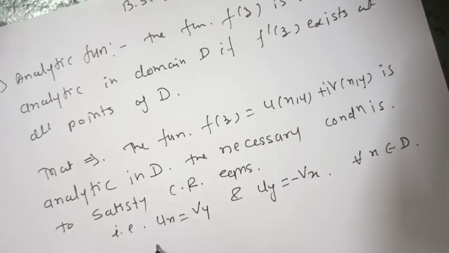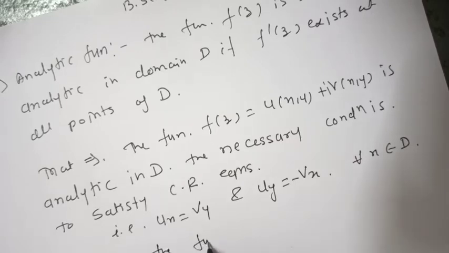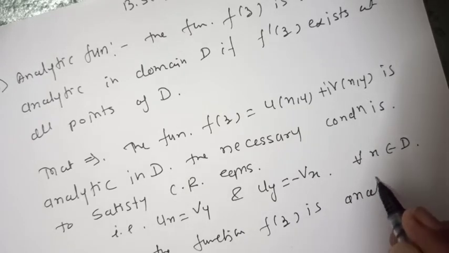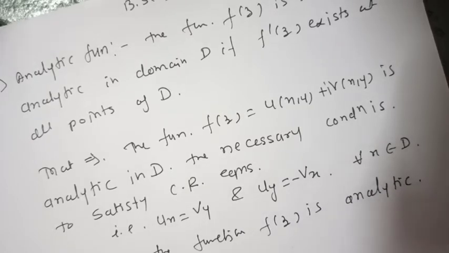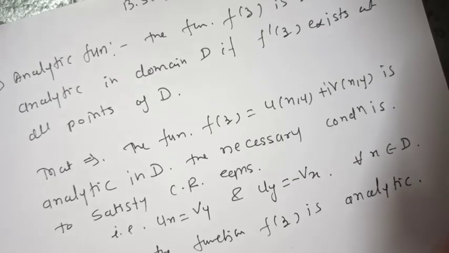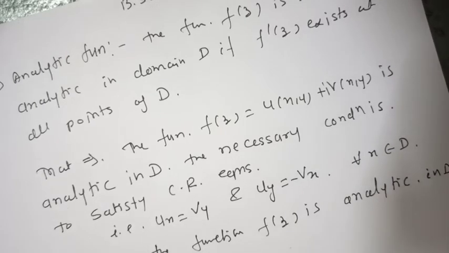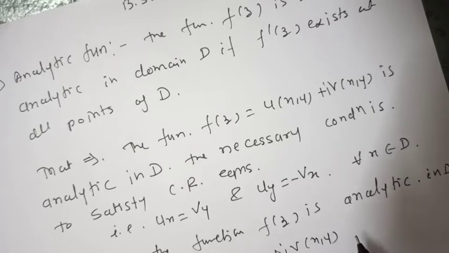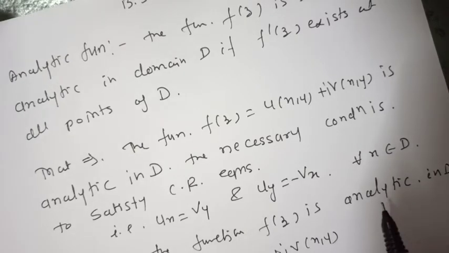Let the function f of z be analytic in D. Since f of z equal to u of xy, that is u is a function of x and y, and again v is a function of x and y.